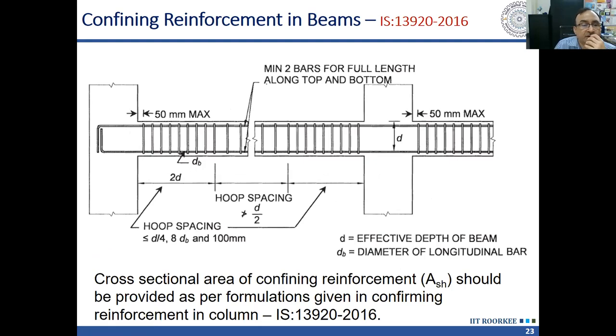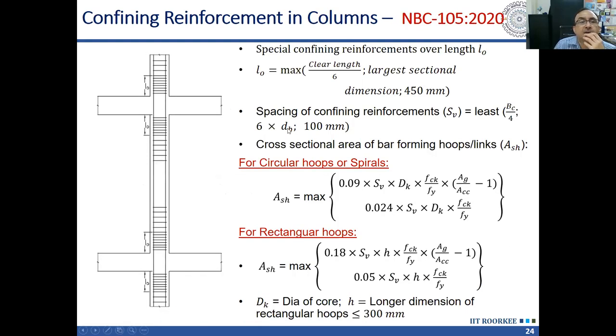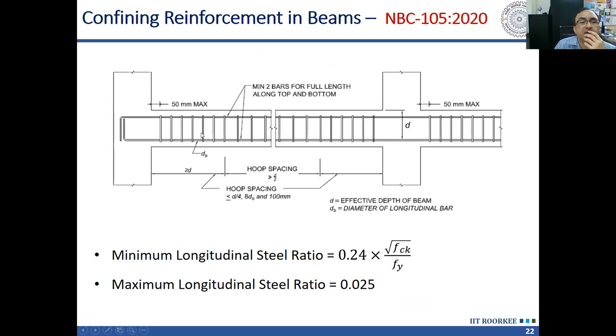In addition to that, there are more requirements. I will explain here that at any section, the reinforcement at top or bottom should not be less than half of the reinforcement at the other face. For example, near the joint, we know that at the top we get very large reinforcement because the earthquake force and the gravity force both cause the moment such that the tension is on the upward face.